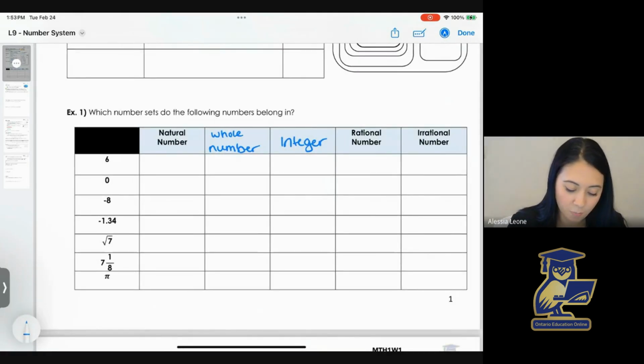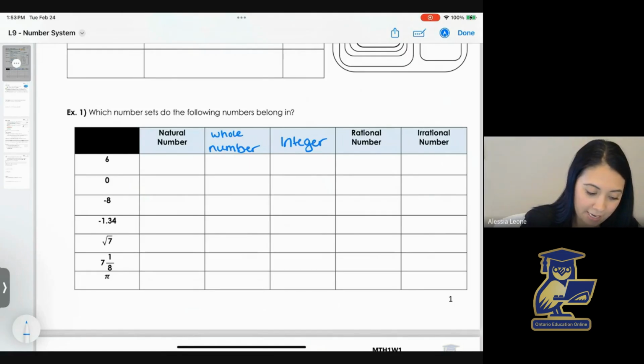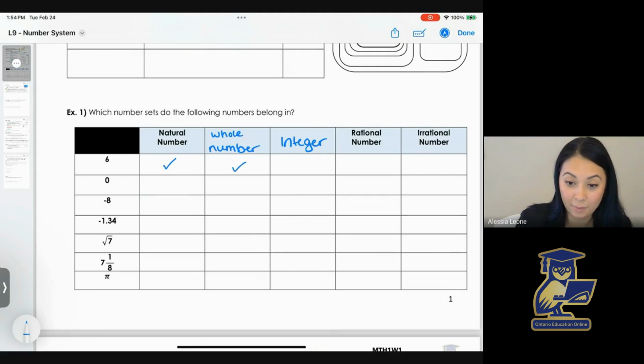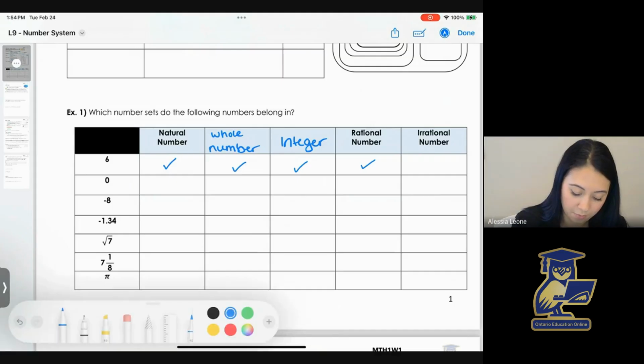Number 6. We know number 6 is a natural number. We know it is a whole number. It is a positive number, so it's an integer. And we know it is a rational number. The smallest set that it belongs to is a natural number.